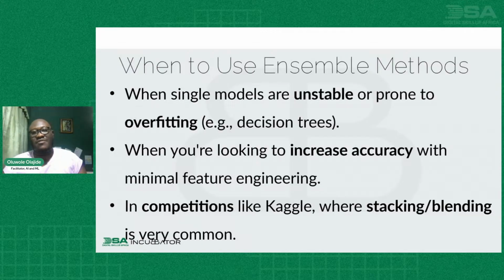Why I was using that was I tested a single model on what I have, and I realized that there would be issues when local data sets are coming in. So that's why I'm using the ensemble model. I also said when you are looking to increase your accuracy with minimal feature engineering, you don't want to do a lot of data cleaning. Then maybe for a competition.